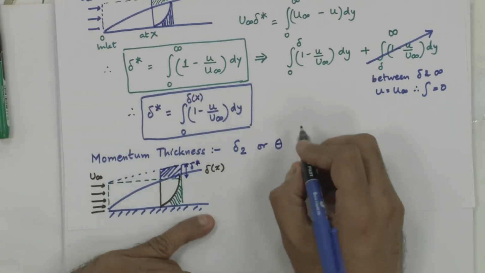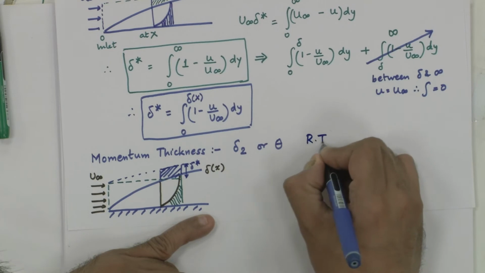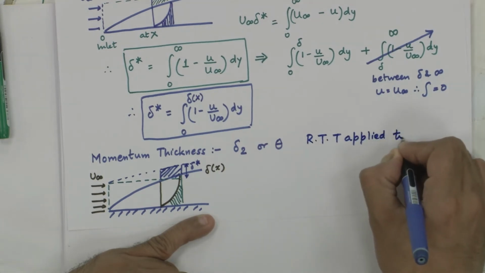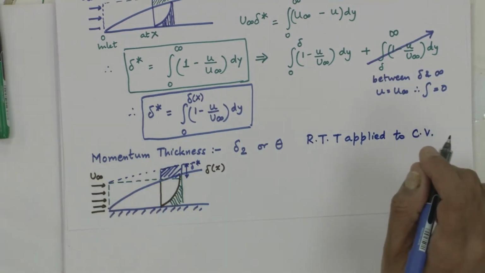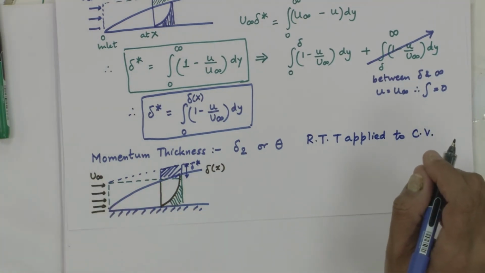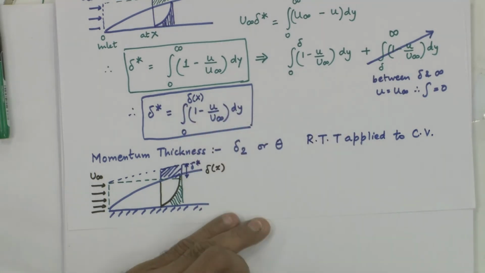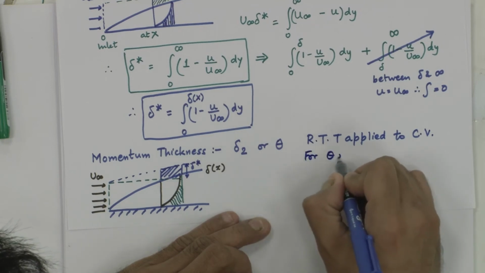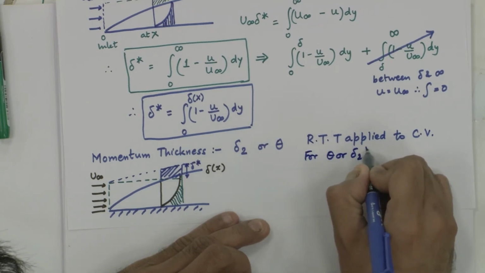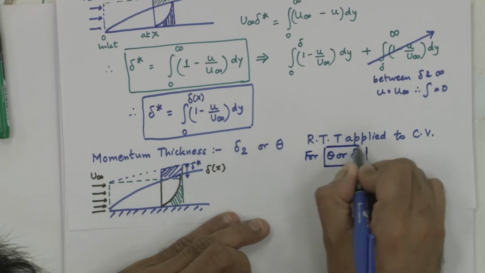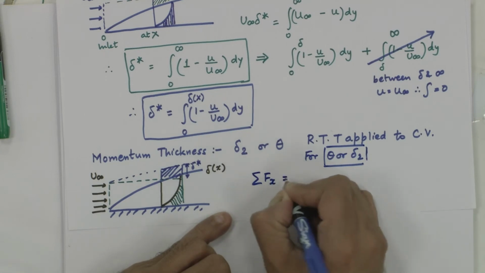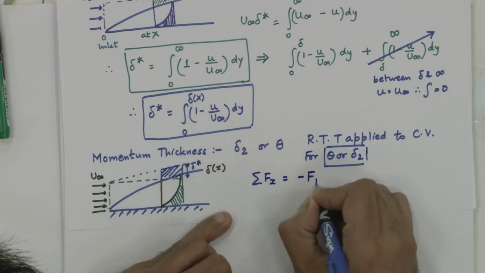If I apply Reynolds transport theorem to the control volume shown here, we would get the same thing as for displacement thickness. So, for momentum thickness, what do we need to do? For theta or delta 2, I would write sigma F x is equal to minus F drag.